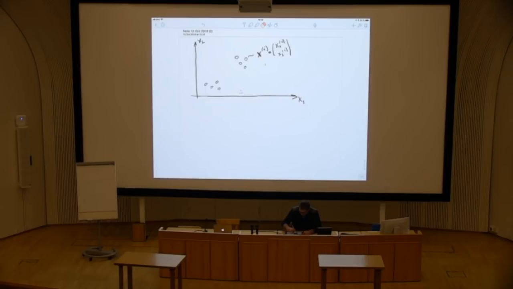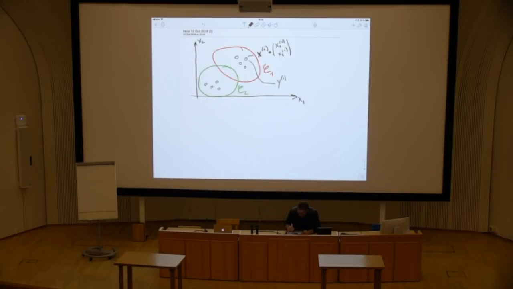So we have here a cluster, might be cluster 1, and another cluster overlapping, cluster 2. And in soft clustering, we try to associate to each data point, for example this here, degrees of belonging.